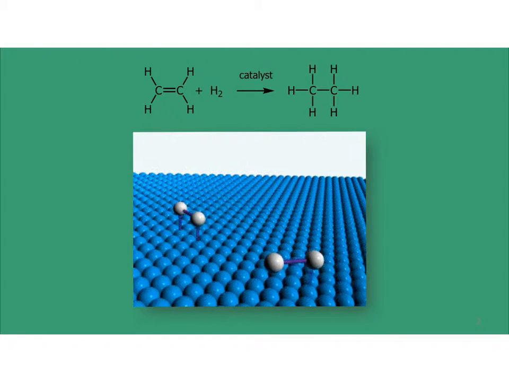In the second step of the mechanism, the alkene reacts with the surface of the metal catalyst, and the pi bond is replaced by two relatively weak metal carbon sigma bonds. A hydrogen atom is transferred from the catalyst surface to one of the carbon atoms, and then a second hydrogen atom is transferred, forming an alkane. The sites on the catalyst surface at which the reaction occurred are free to accept additional hydrogen and alkene molecules, and so the reaction can proceed.